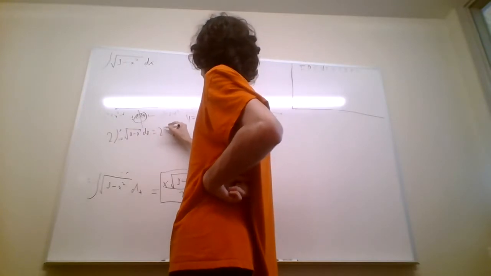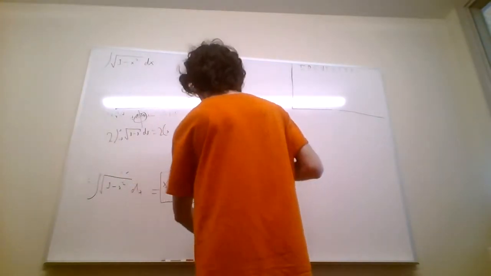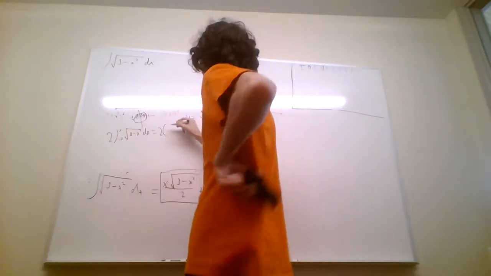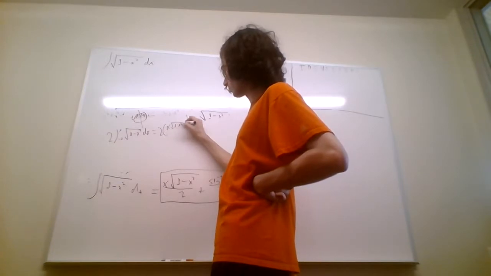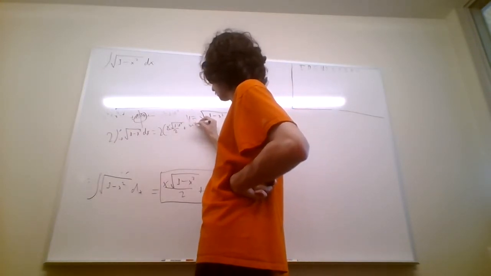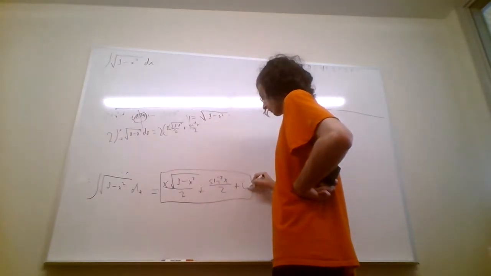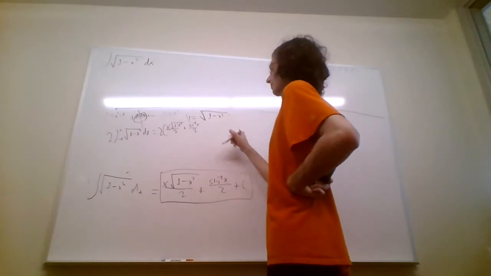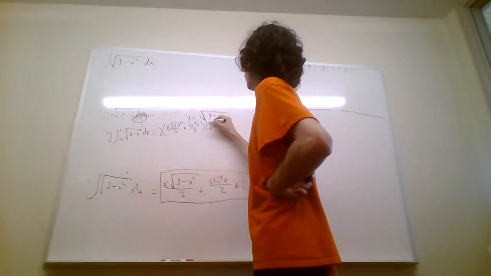Equal to 2 times x times the square root of 1 minus x squared divided by 2, plus inverse sine of x divided by 2. I don't care about the c, because we're just going to subtract it out, from -1 to 1.